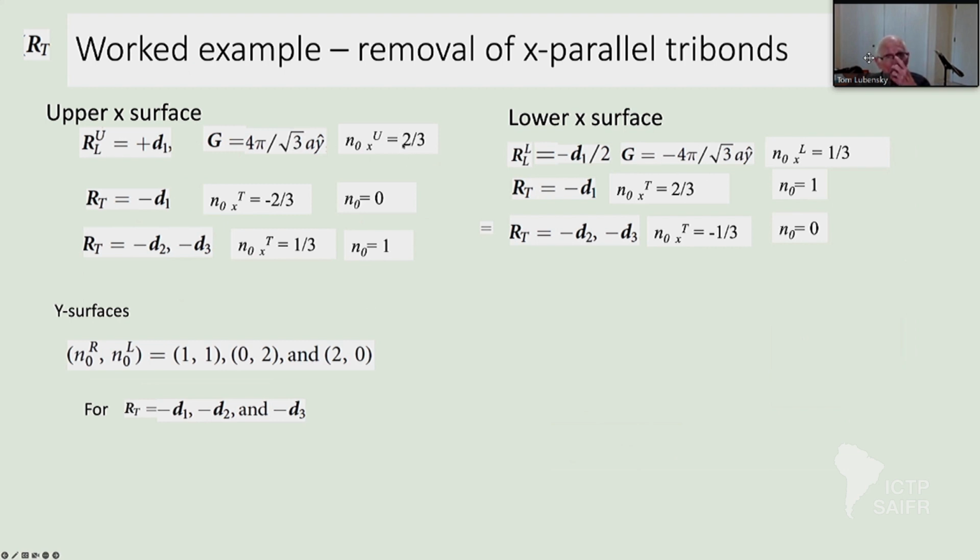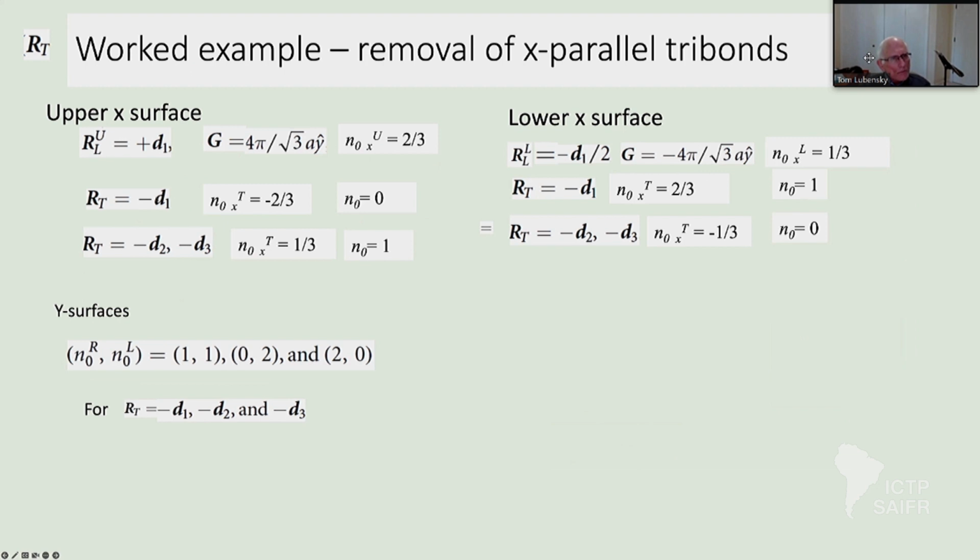So it looks like we're headed towards fractional values, but we still have to add the topological charge, and the topological charge, of course, depends upon our choice of unit cell, and that is going to be a compensate for us. So if we go over here, there are 3 different values of RT that we find. It's minus D1, minus D2, or minus D3.